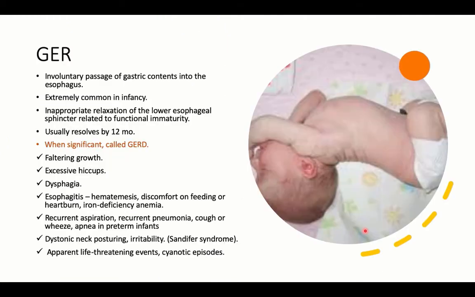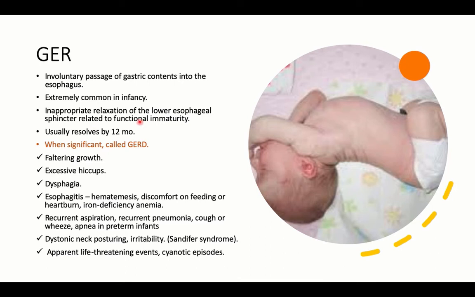Starting with the common presentation, which is gastroesophageal reflux, which means we have involuntary passage or reflux of the gastric content back to the esophagus. Okay, this is not normal. It is extremely common in infancy, where we have inappropriate relaxation of the lower esophageal sphincter related to functional immaturity of this sphincter.